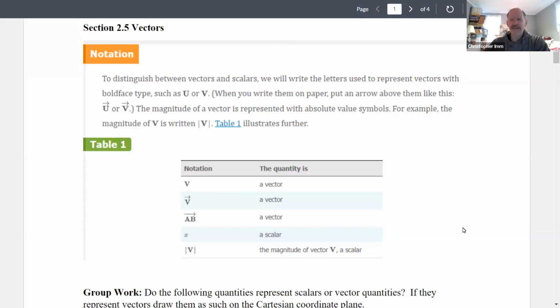X, just lowercase, not bolded, is going to be a scalar quantity, a number. V with absolute values is also going to be a scalar. We call that the magnitude of a vector. So when we have a vector, we put absolute values around it. We're just looking for the magnitude and no direction.